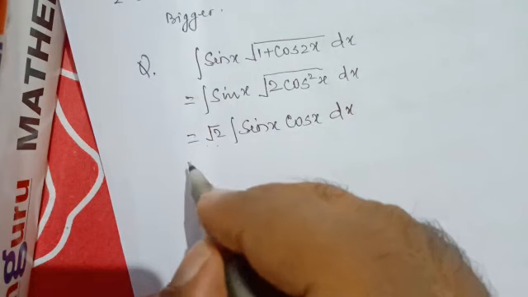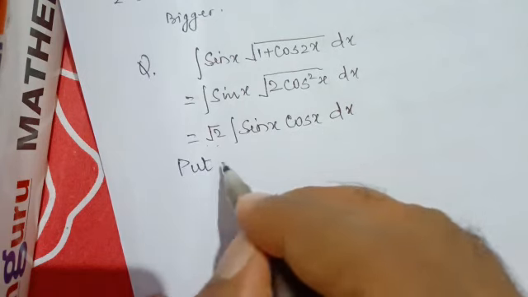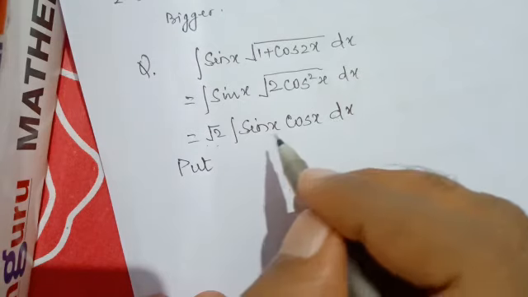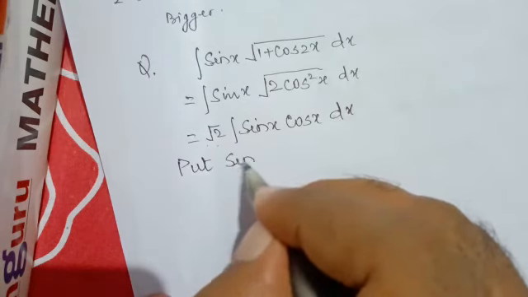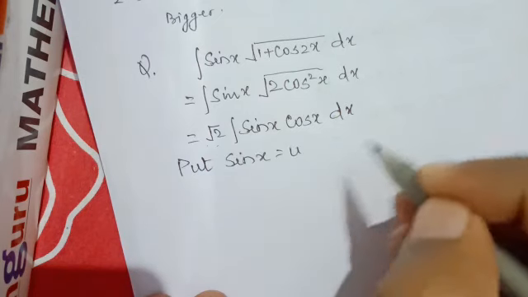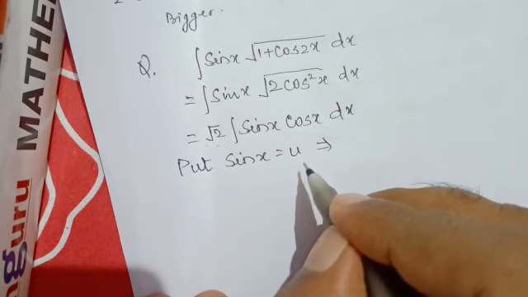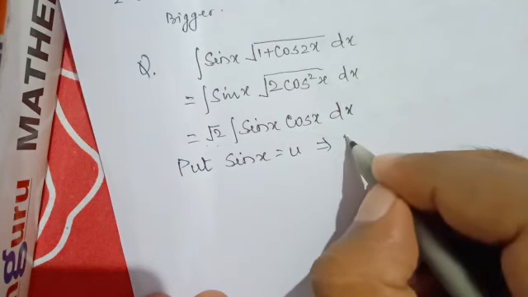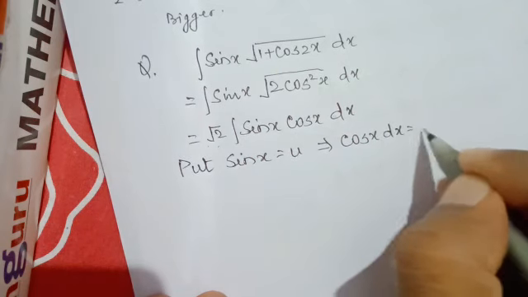Apply substitution. Put sin x, since both are simple terms, so you can substitute any of the terms. Put sin x equal to u. Differentiate both sides with respect to x. Then cos x dx will be du.